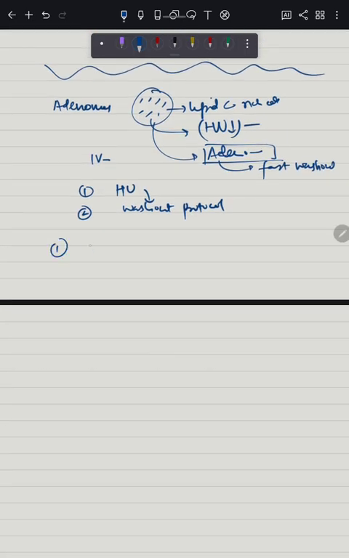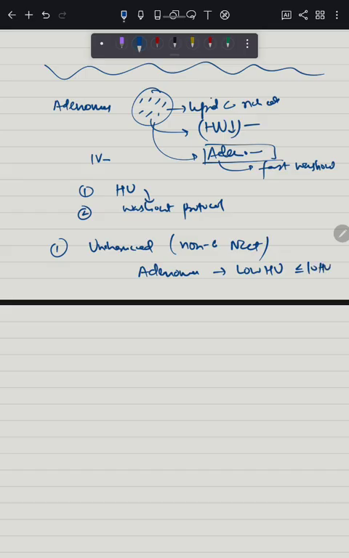In the unenhanced, non-contrast CT of adrenals, adenoma will have low Hounsfield units, less than or equal to 10 HU. So in a case of adrenal adenoma, first on NCCT the Hounsfield units will be less than 10, because it contains very high fat, and the washout will be quick.